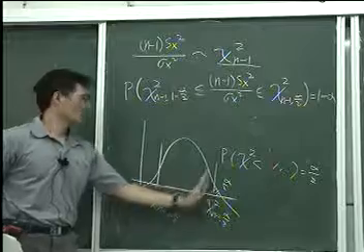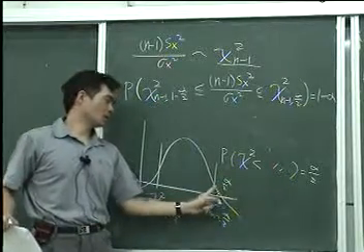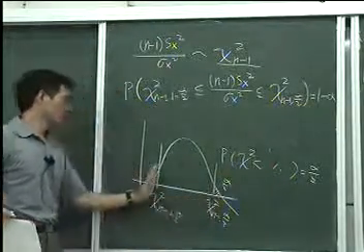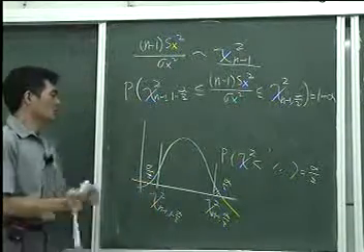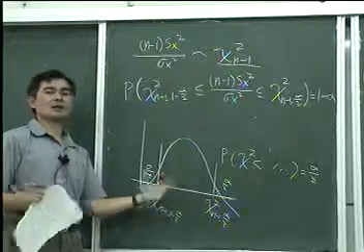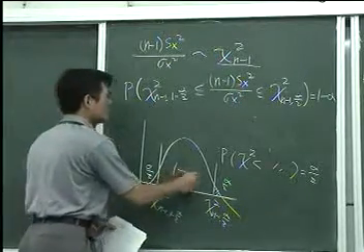Because above this point, the probability is alpha over 2. Below this point, the probability is also alpha over 2. So what's the probability within this area? It is 1 minus alpha, right?